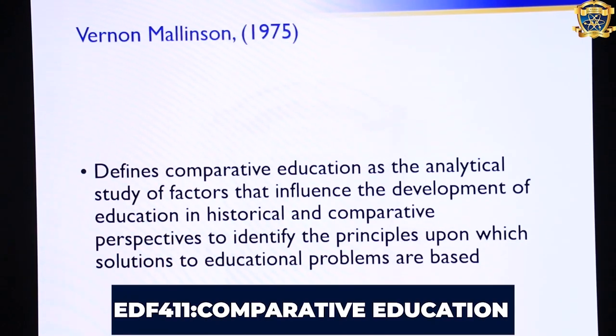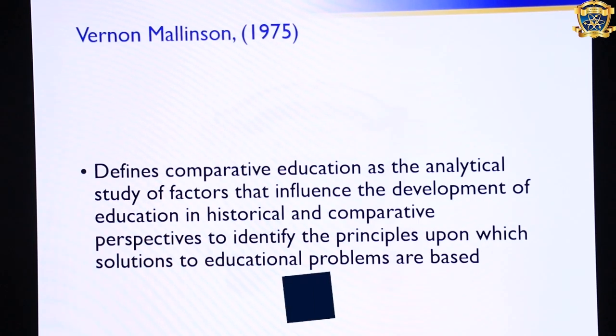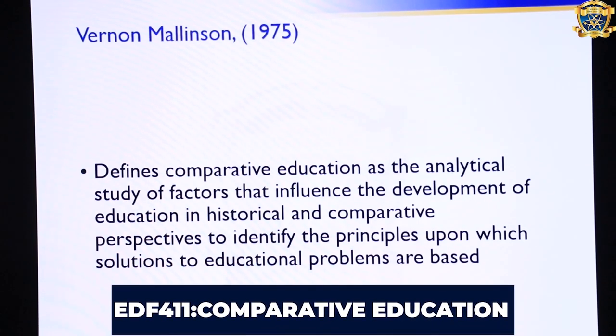He has pointed out social, cultural factors, political factors, historical factors, and all these factors put together shape how education develops in different places and at different times. In simple terms, it's about asking what makes education in one country look the way it does. Then, comparing that with others to see patterns and principles.